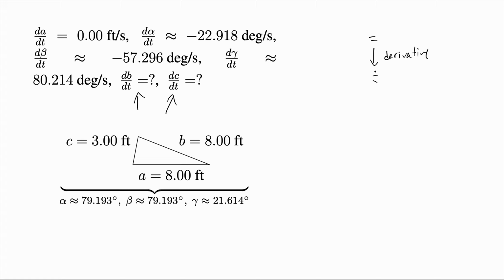You never take a derivative of an equation. You think of them as functions, and this is an equivalence of functions. Different values of t will give you the same thing on both sides, because the outputs are the same for the respective inputs of t. So just keep that in mind as we go along.